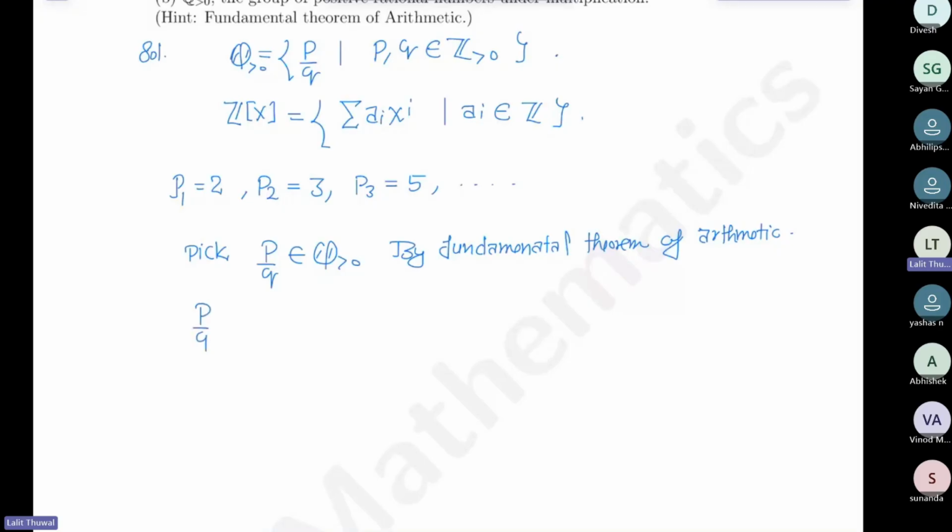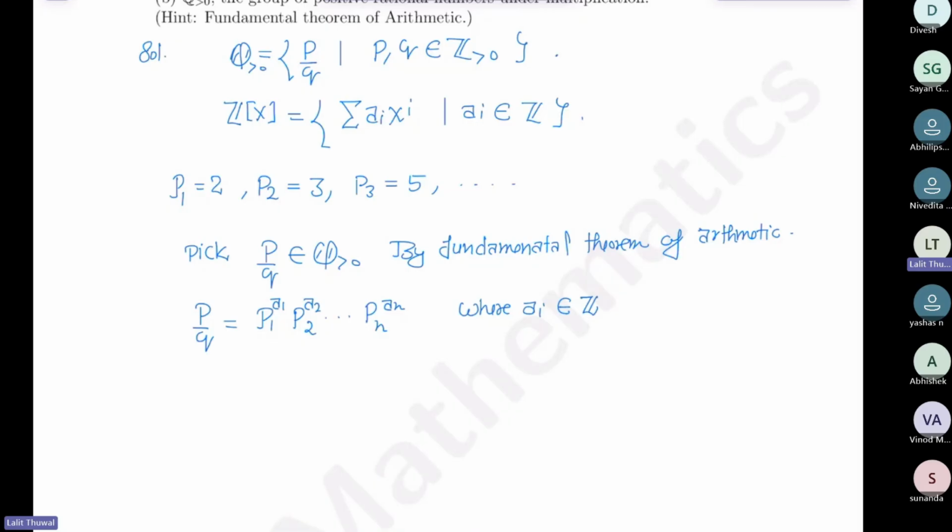pick a P by Q inside Q positive. Then by the fundamental theorem of arithmetic, P by Q equals P1 to the alpha 1, so let me write A1, A2, up to An, where the AI are exponents.